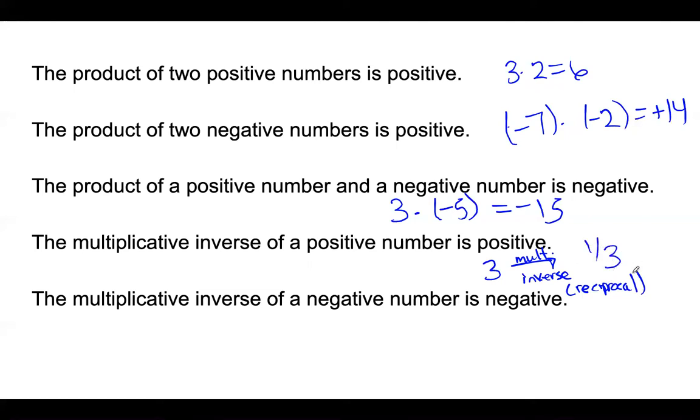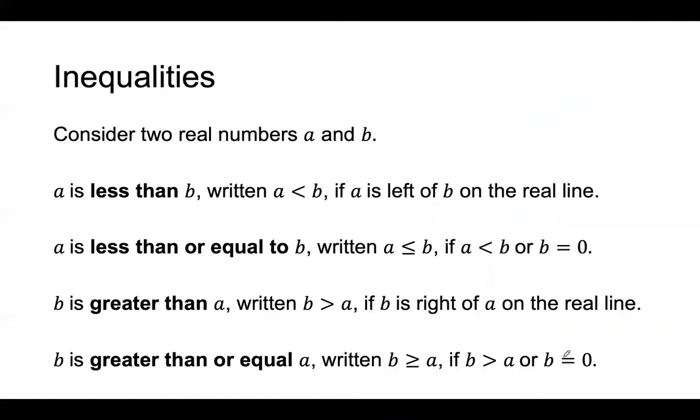So it's also positive. And what about if it's negative? So if we take -4, the reciprocal is also going to be negative. So they all mean the same thing. So those are examples.